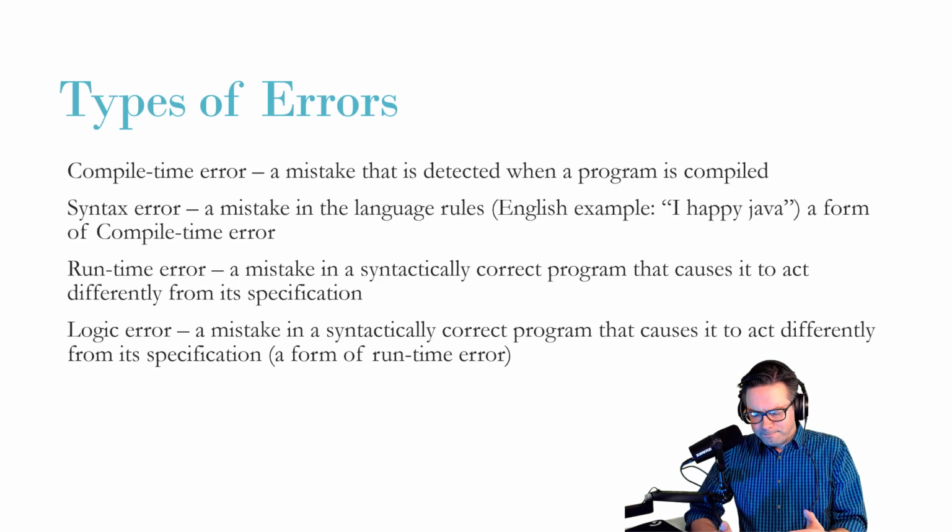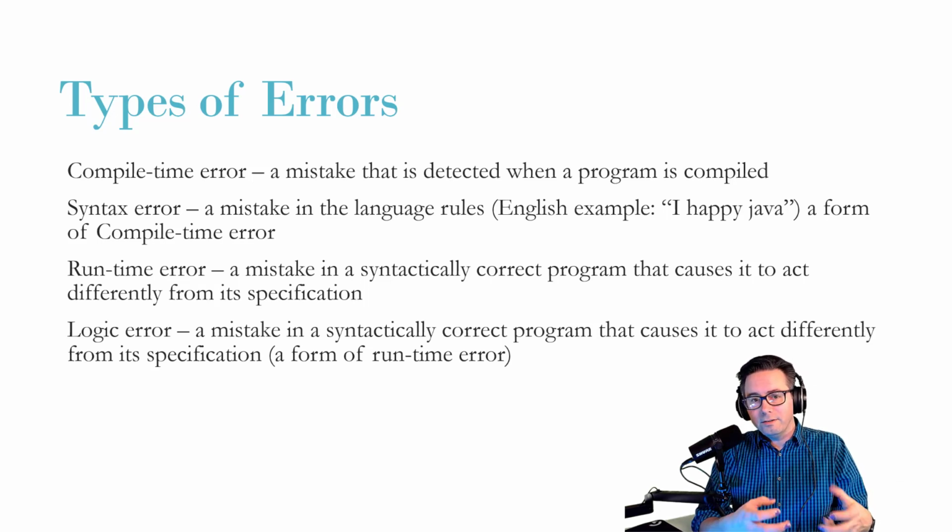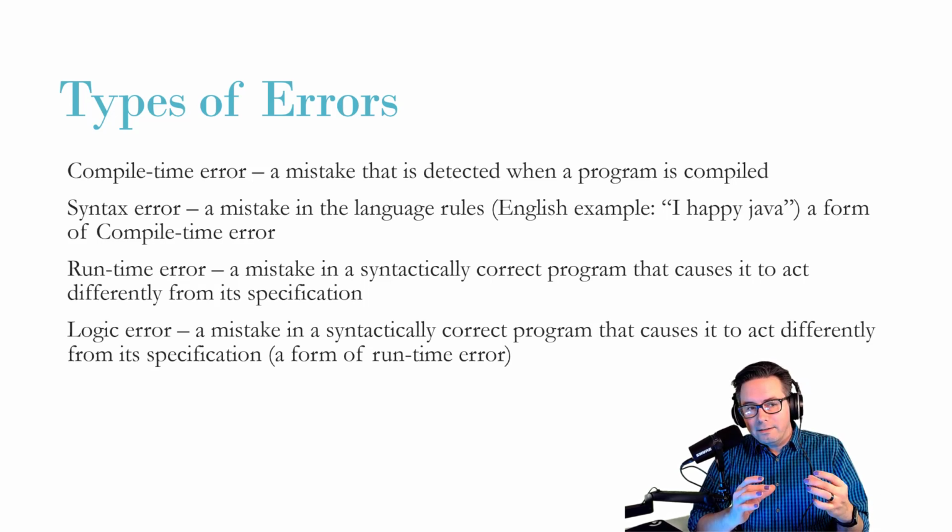But if we compare it to speaking in English, there are things I could say that just don't make sense because they use the syntax incorrectly. We're going to use compile time and syntax errors synonymously, just like we're going to use logic and runtime errors synonymously. The idea is that a syntax error is a mistake in the language rules. So the example I have up above says, I happy Java.